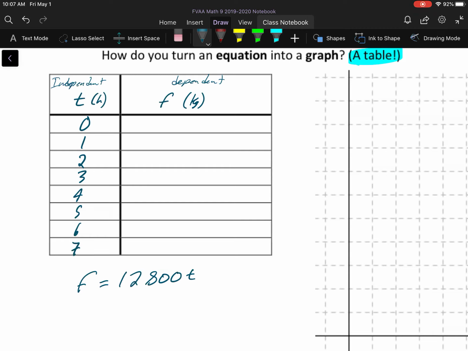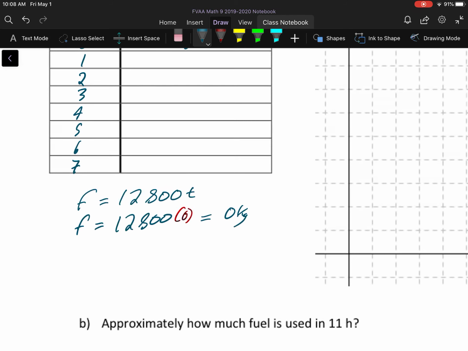F equals 12,800 times 0, which equals 0 kilograms. That's not surprising. For 1 hour, F equals 12,800 kilograms.